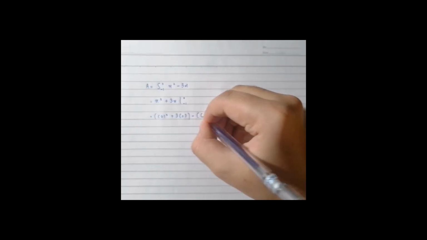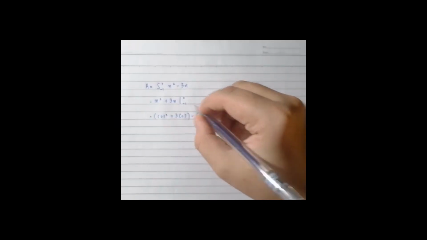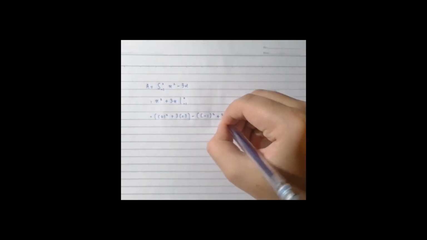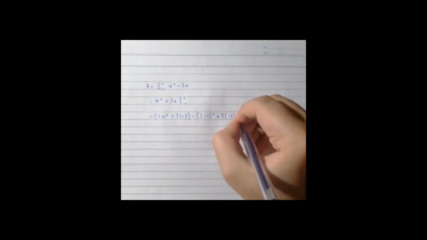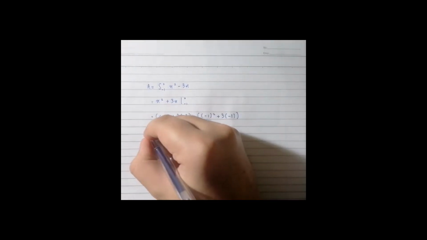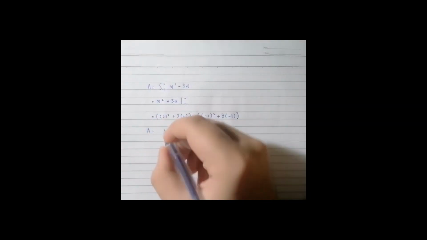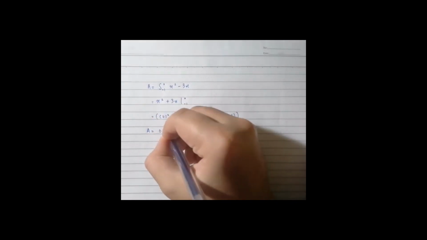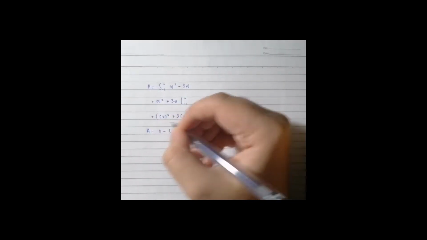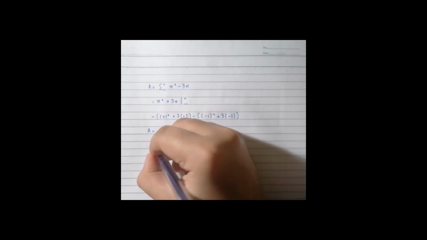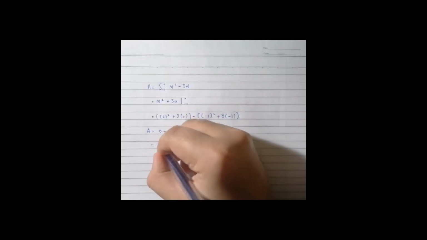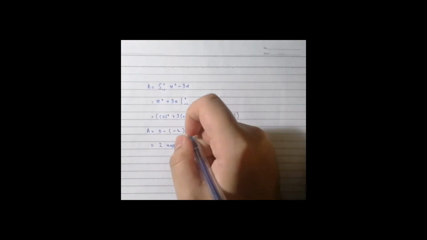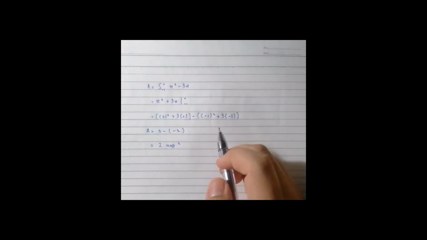Same goes to -1 here. And then we will get 0 minus -2 and we'll get 2 unit square.